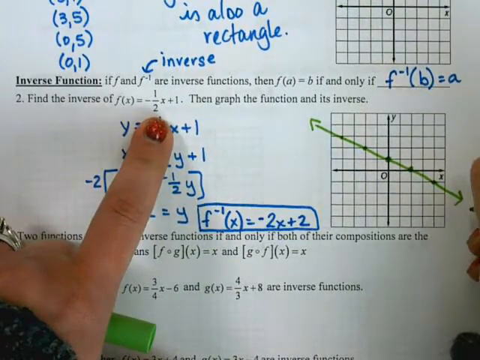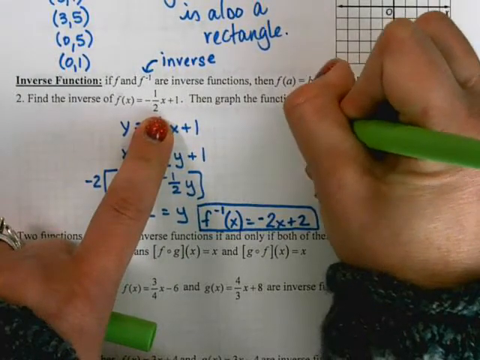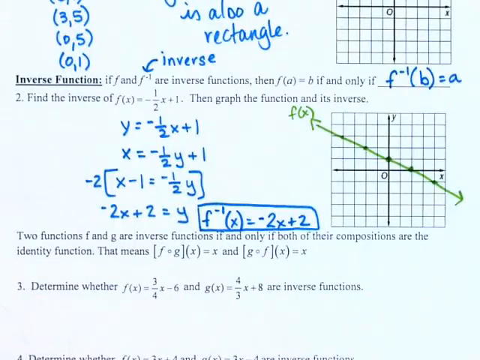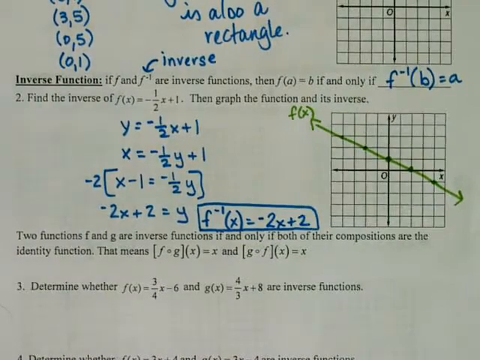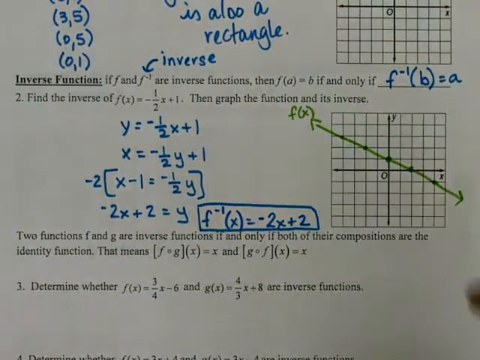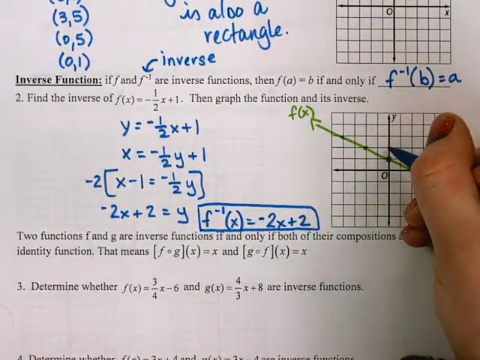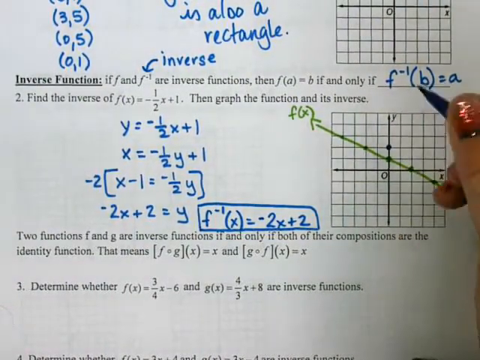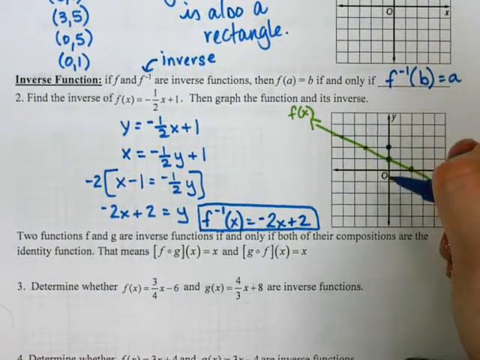Okay, so there's my function line. And now I'm going to start at positive 2, and I'm going to go down 2, right 1.